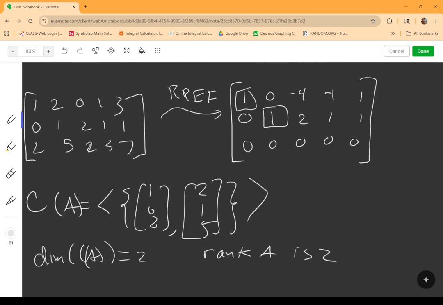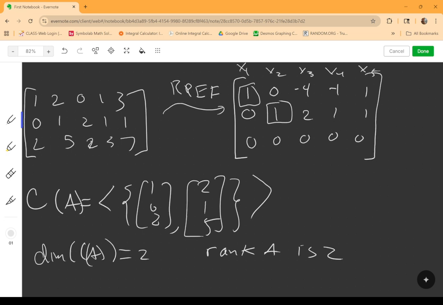Then if we wanted to find the null space, again, the null space is the solution to the homogeneous system. So if we have x1, x2, through x5, we see we have three free variables, x3, x4, x5.